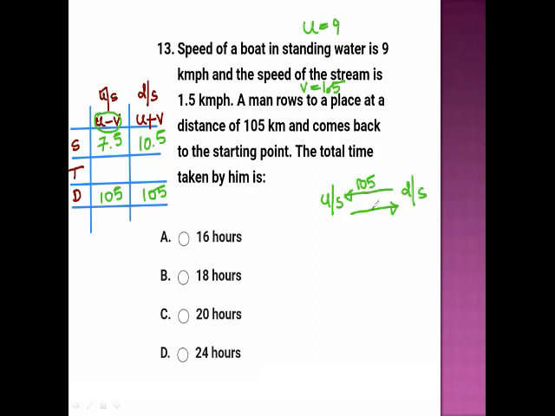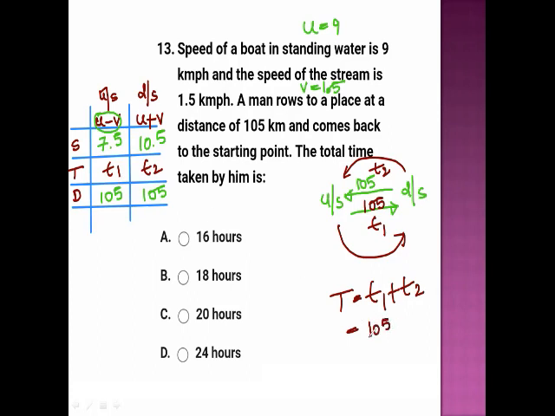The total time will be simply T1 plus T2, where T1 and T2 are the times for each direction. Time is equal to distance by speed, so from the first case it will be 105 divided by 7.5.